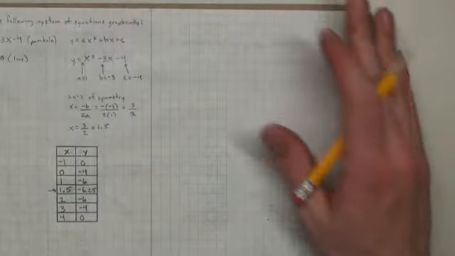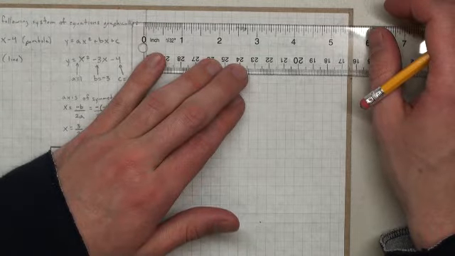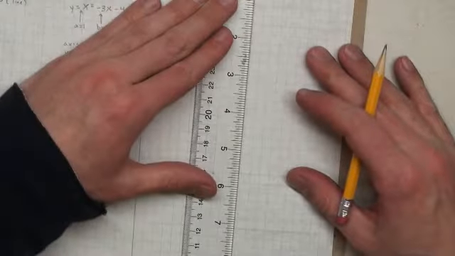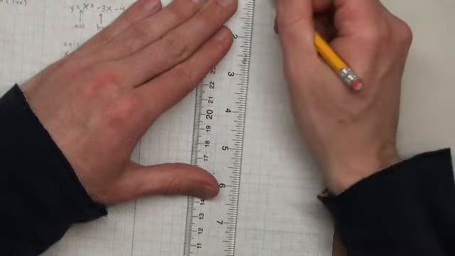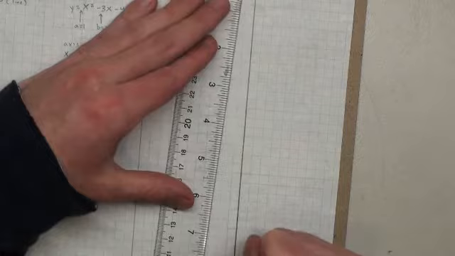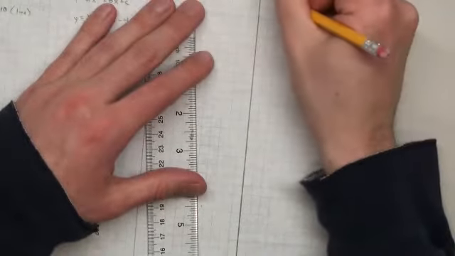So, let's draw our graph. Which is at 2 3/4. So this is the y-axis here. Find our x.